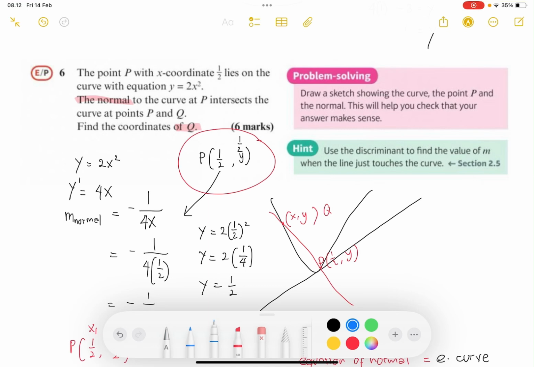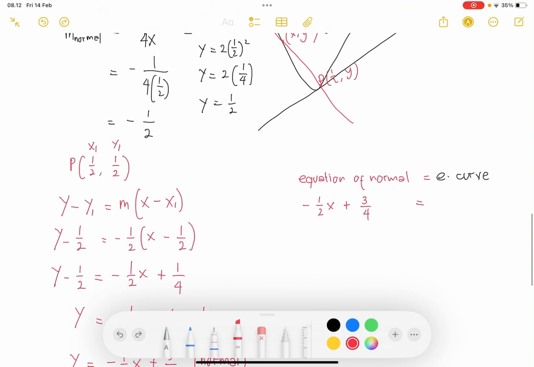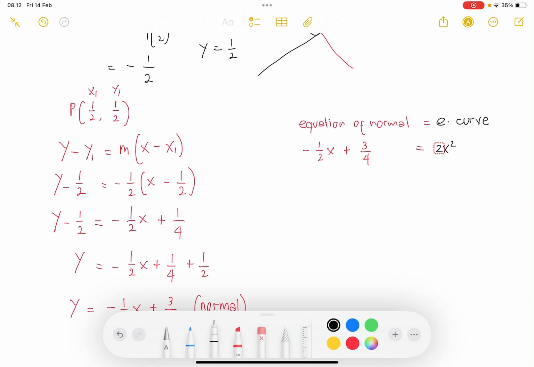Here, right? 2x squared. Now, what should we do next?